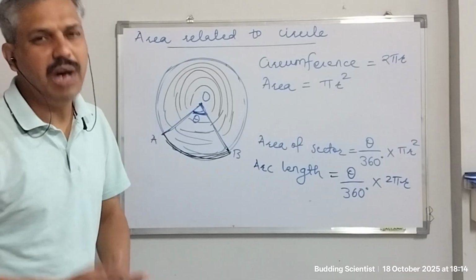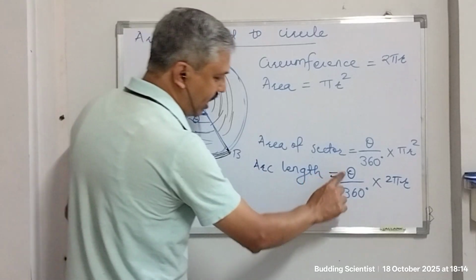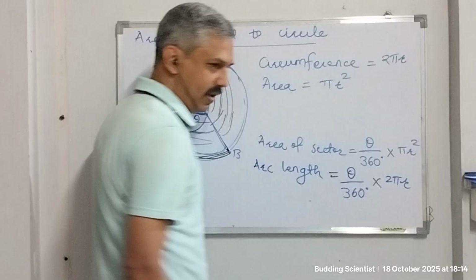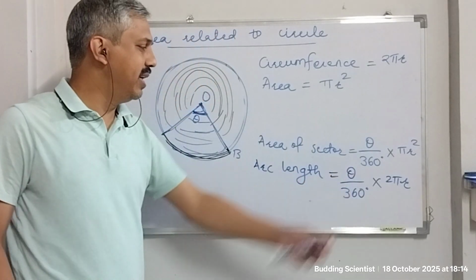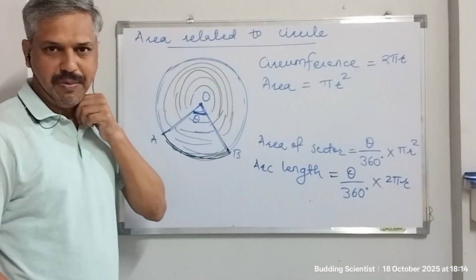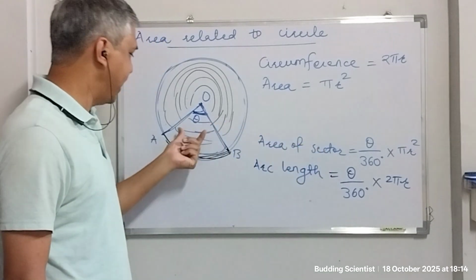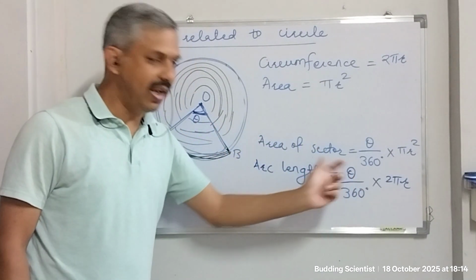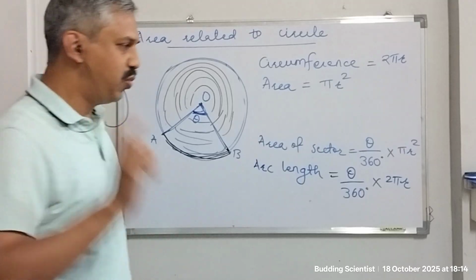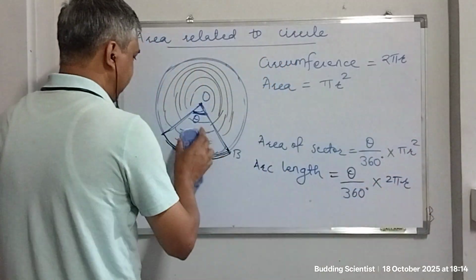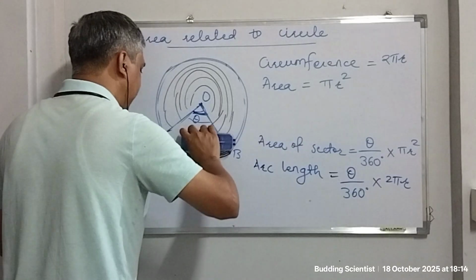It would be 180 upon 360 is 1 by 2 into 2 pi r. And so on, we can derive many other logics from this. But we basically have an area of sector, an arc length, and there is one more thing that we can actually get, and we will find that.